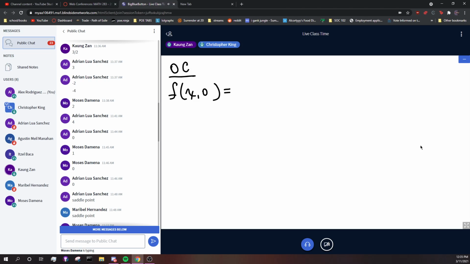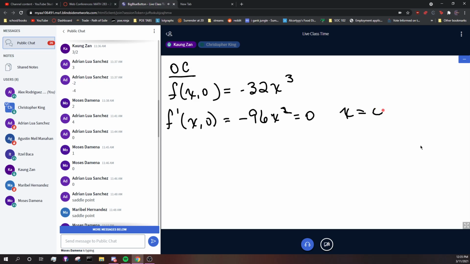Negative 32x cubed is going to be my equation. So now we need f prime of x comma 0, which is going to be what? Negative 96x squared. And if we set that equal to 0, what's x? 0. So our point that we're going to be looking at is 0, 0.